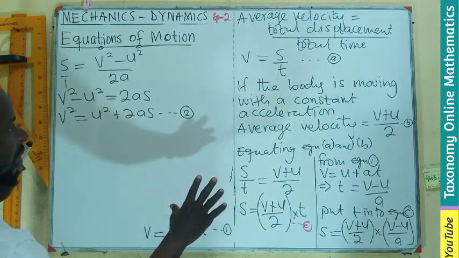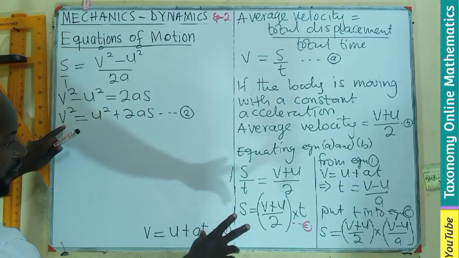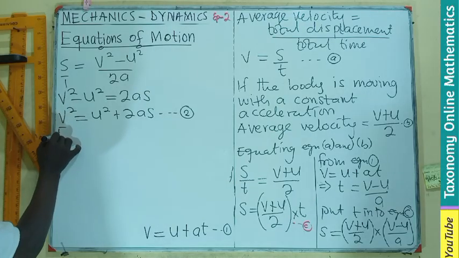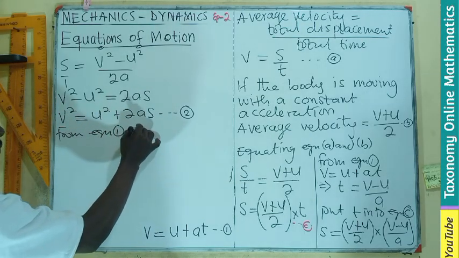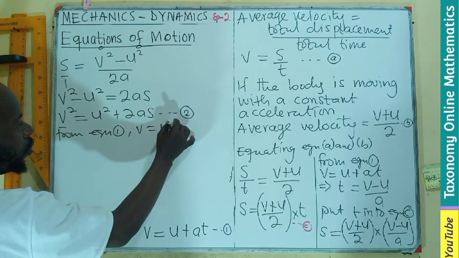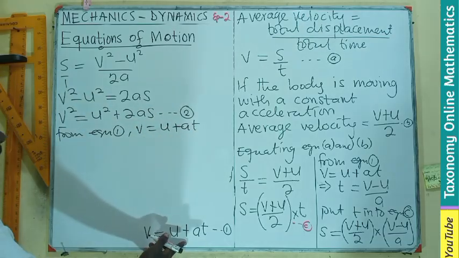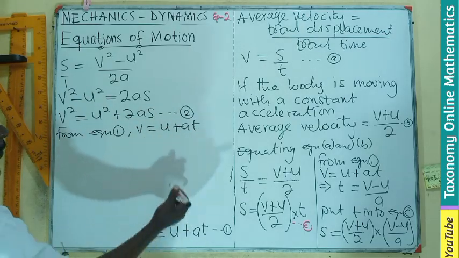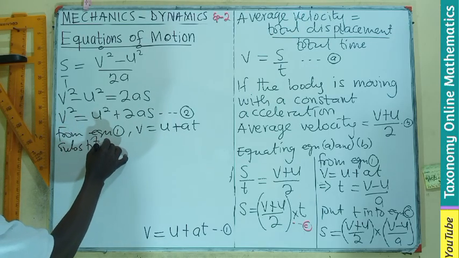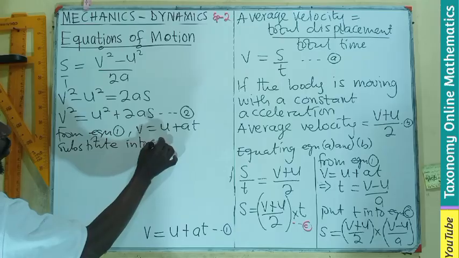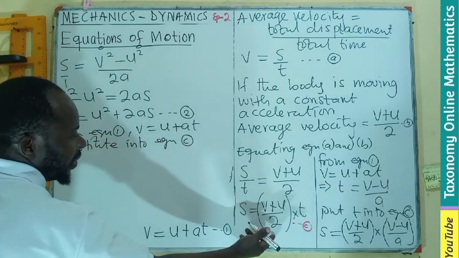Okay, so what do we do now? We have the first two. Let's move on to equation 1, which is V equals U plus AT, right here. Let's say we substitute this into equation C, right here.